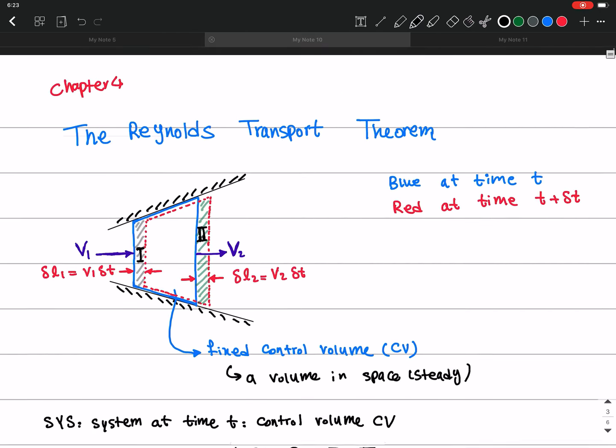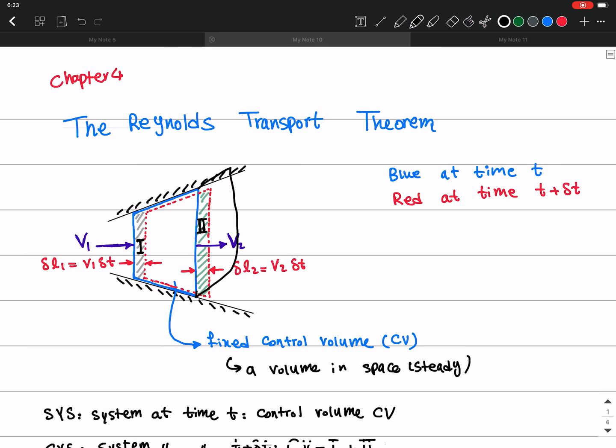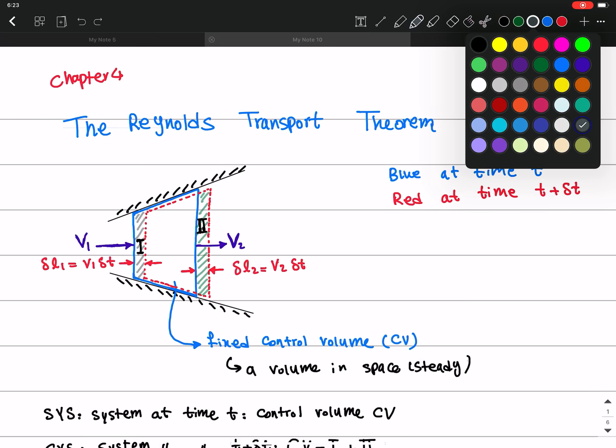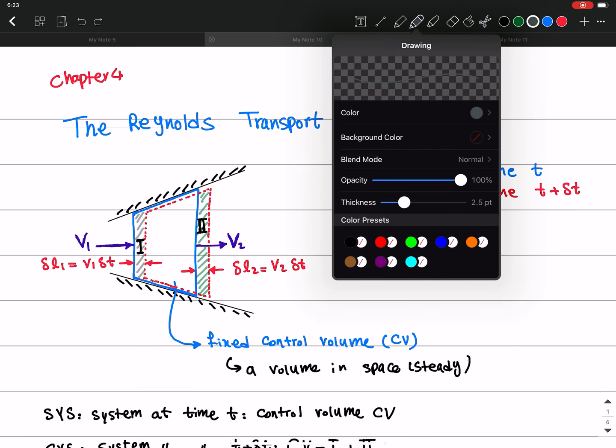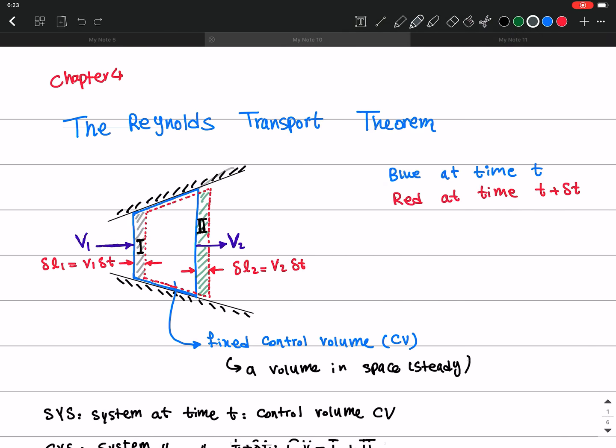If you have a surface, you take the delta B for all these small elements, calculate this delta B out, and then calculate the change over this surface. This is what we call the control surface, the one that I have shown here.